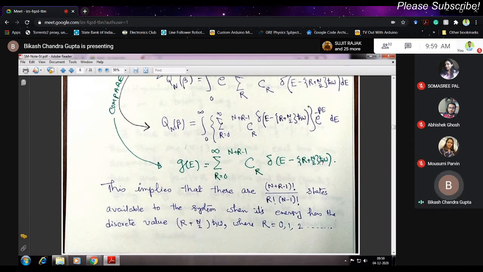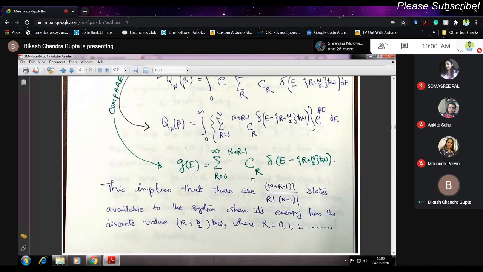But apart from that, you have r quanta available, and they should be distributed among n harmonic oscillators. How many ways can you do that? Now you see you have this factor already.